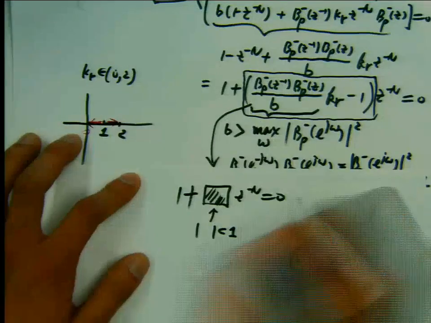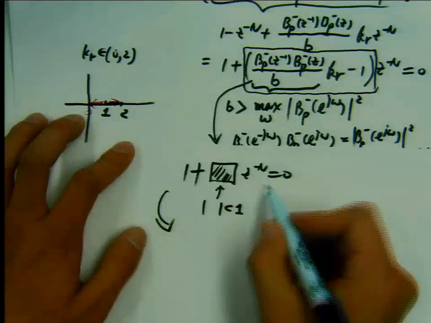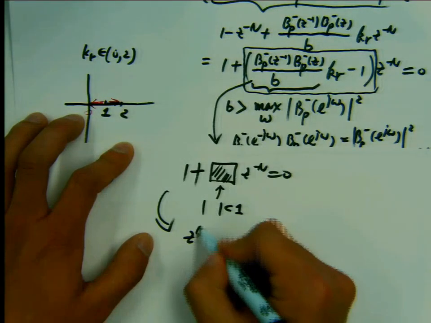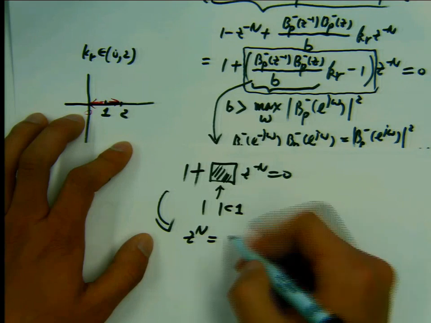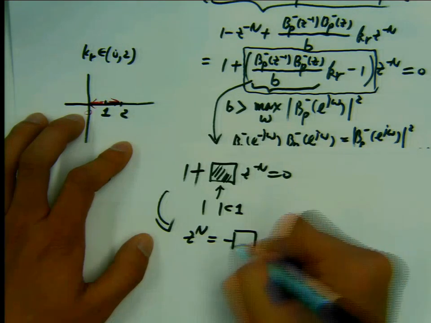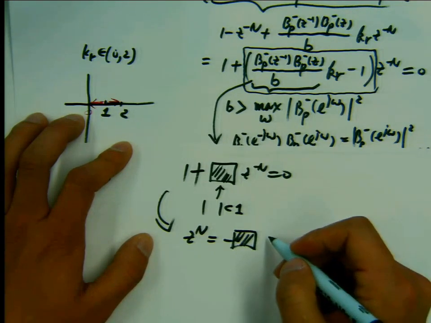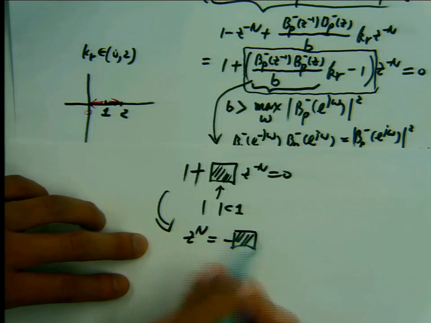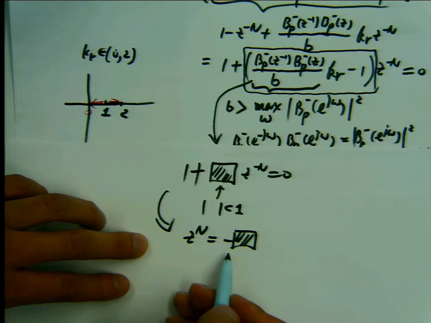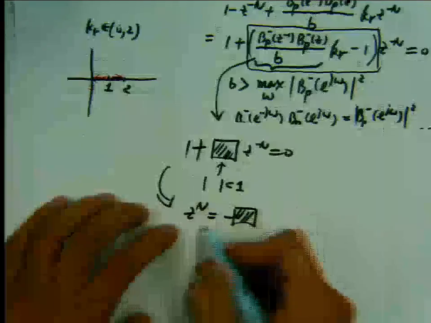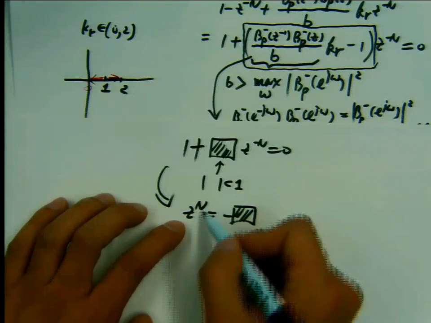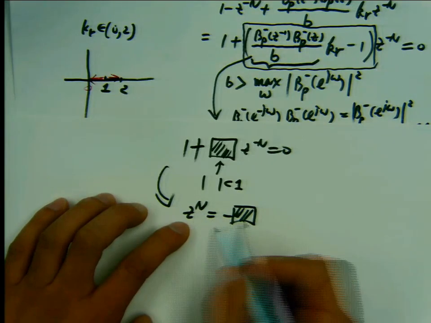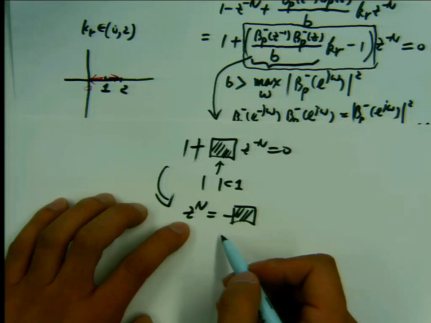So the roots come out of this: if I multiply z to the power of n on both sides, I get z^n equals the negative of this thing. And this magnitude is less than 1. So you see, no matter what, I don't even need to compute the roots. I know the magnitude of the roots is going to be less than 1. Right?